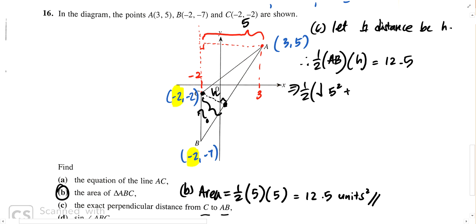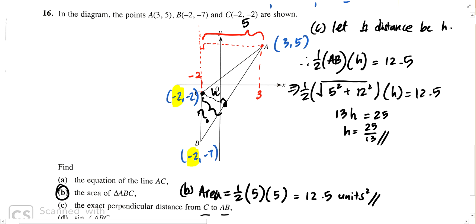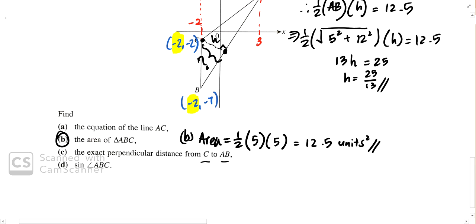Then plus from 5 to negative 7, that will be 12 units, and we square it. So this length of AB times h equals 12.5. Multiplying by 2 throughout and evaluating 5 squared plus 12 squared, that's 169, square root, get 13. So 13h equals 25. h must equal 25 over 13. Then that's our perpendicular distance.